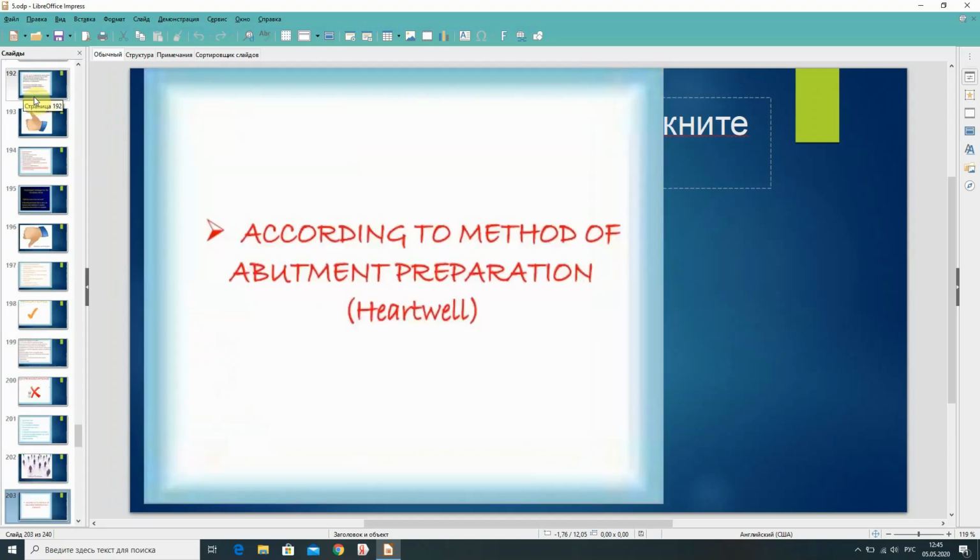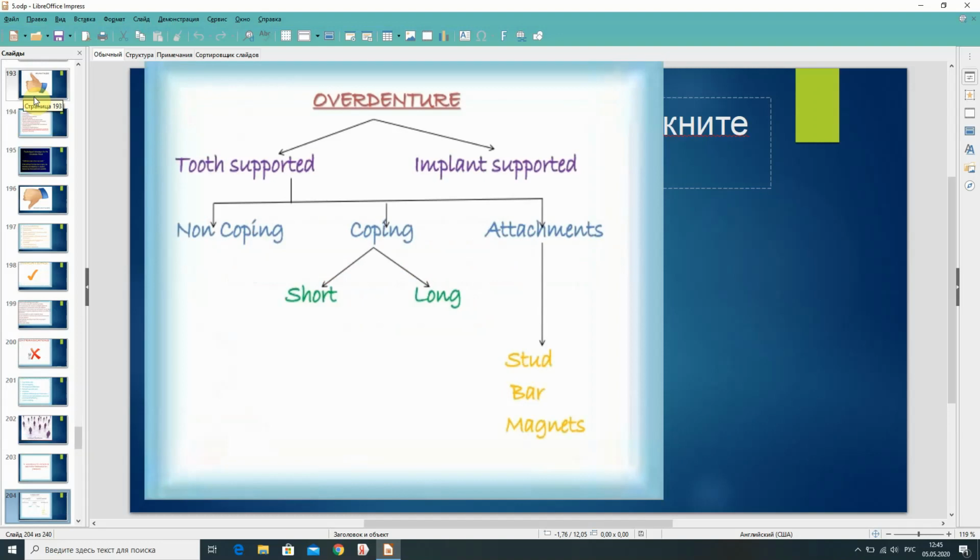Classification according to method of abutment preparation: tooth supported, implant supported; non-coping, coping, attachment; coping short, long; attachment stud, bar, magnets.